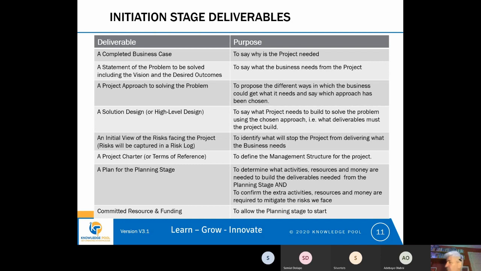So lots of places I've worked will actually have the business case as a separate document, and they will always keep the business case as a separate document, but they might copy part of the business case into the project initiation document again, so that you've got just one document you can give people that explains why the project's needed, what the problem is that we're trying to solve, what approach we're taking, what our design is, what risks we face, how the management structure for the project is organised, and what our plan for the planning stage looks like. So that's the initiation stage and its deliverables.